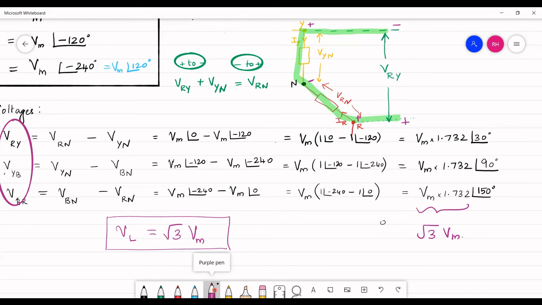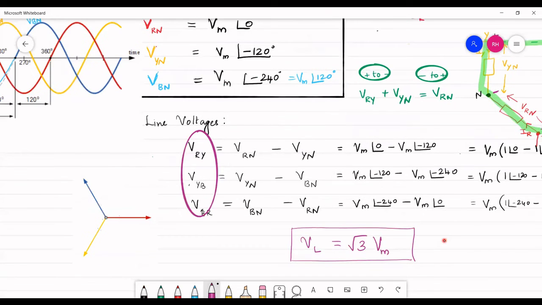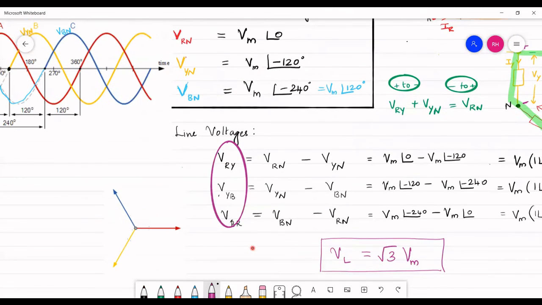And now let's draw the phasor diagram. First, let's draw the phase voltage phasors. VRN makes an angle 0 and hence it's drawn along the reference. VYN is lagging behind VRN by an angle 120 degrees, and VBN leads VRN by an angle 120 degrees.